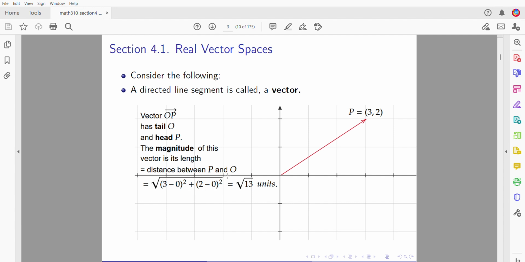This point is (0, 0), this point is (3, 2). Take the difference in x coordinates squared, the difference in y coordinates squared, add them up, and take the square root. Thus, the distance from the origin to P; in other words, the length or magnitude of the vector.